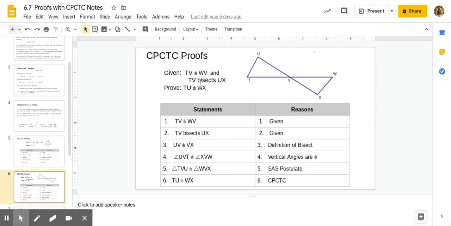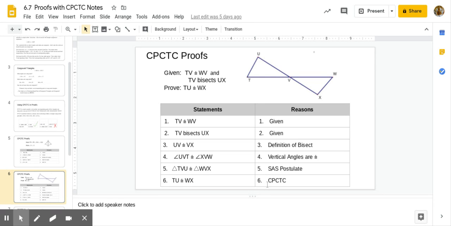Now what we want to prove is that TU, this distance here, is congruent to WX, this distance down here. So we're going to write exactly what our proof statement was in our last statement. And that will be true because corresponding parts of congruent triangles are congruent. TU are first and last, and WX are first and last.